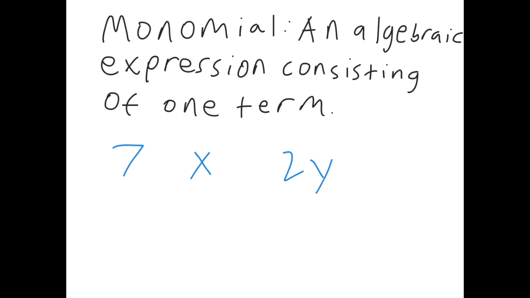Anything up to 5x squared y to the third z. Any combination of numbers and variables in multiplication will work. There just can't be any adding or subtracting going on. Then it's a polynomial, not a monomial.